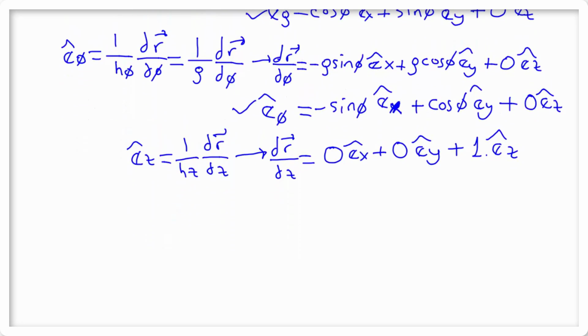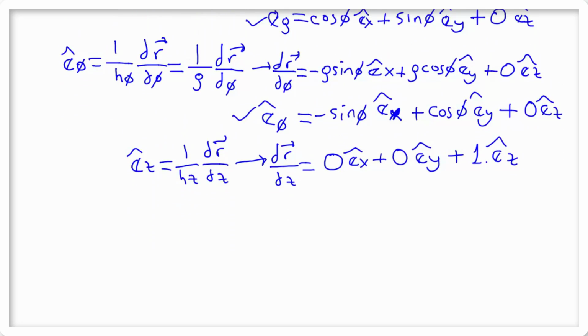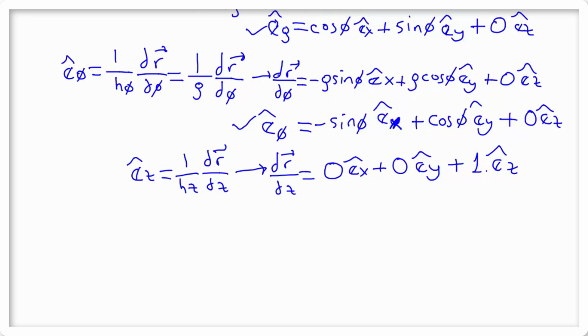right now I have E rho, E phi and Ez, right? Now, if I want to convert this to a matrix system, notice that it is all written in terms of the Cartesian coordinate system elements Ex, Ey and Ez. So I can express it as follows.